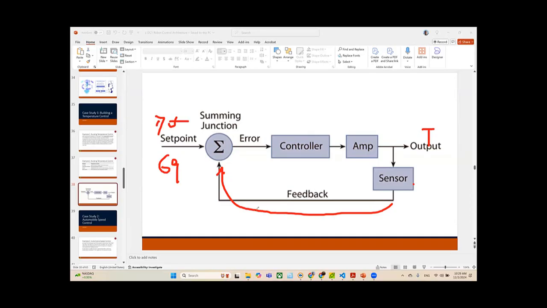The sensor result is compared with your set point at the summing junction, where summing means plus or minus, and you see the error. If right now it's 64 and your goal is 75, then you need to pick up.